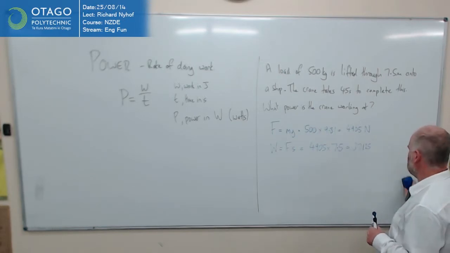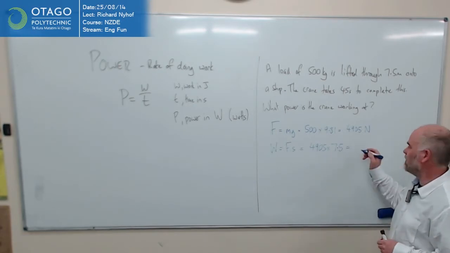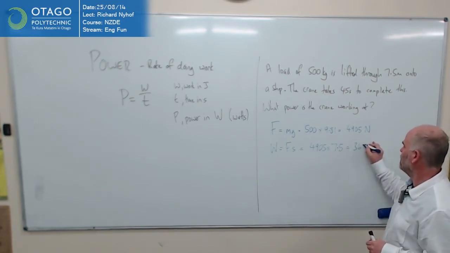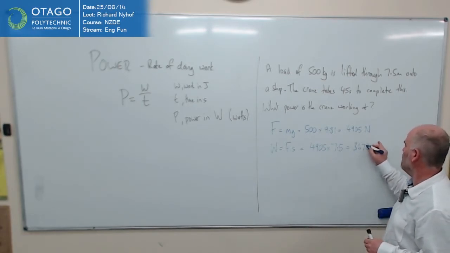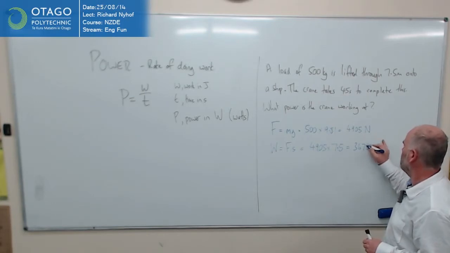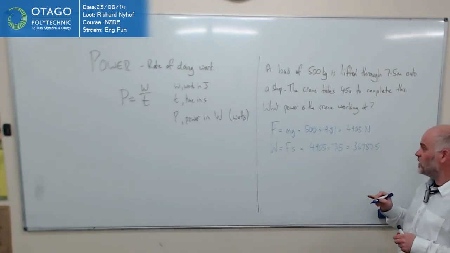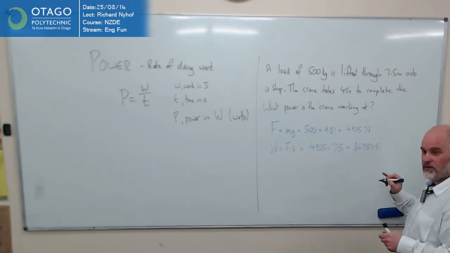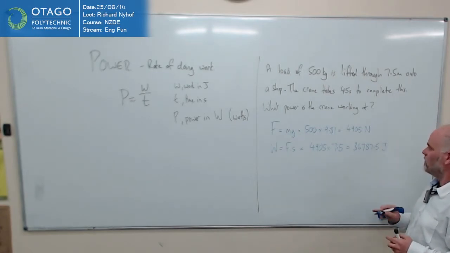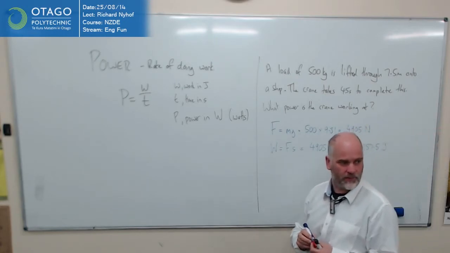Okay, can dispute. What's it else? 36787.5. Yep, that's cool. Units for that one? Joules, because it's work. Yep, awesome.